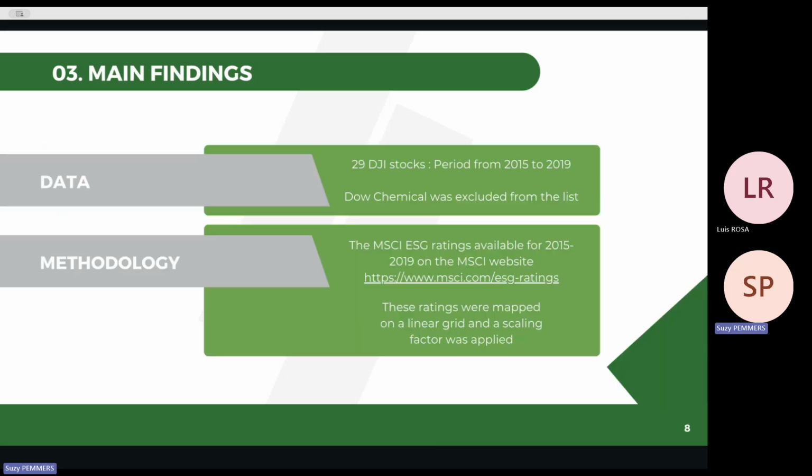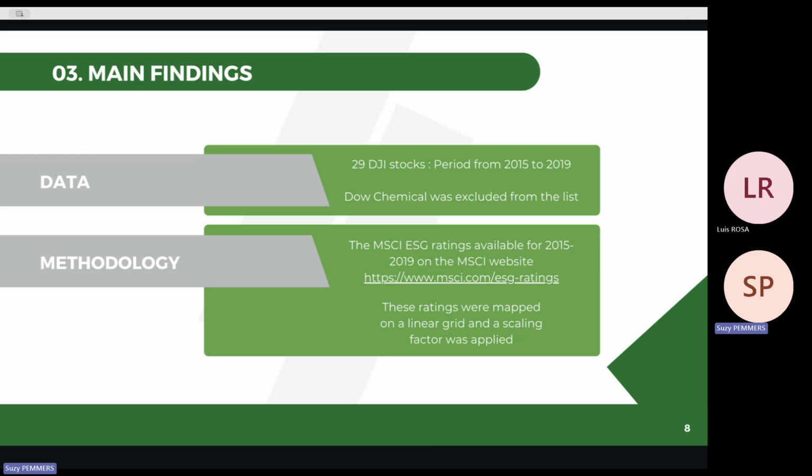After that, for the main findings, about the data, a lot of data has been used for the article. 29 DJIA stocks from the period 2015 to 2019 have been analyzed, except one constituent, Dow Chemical, for which prices prior to its merger with DuPont in 2015 were not available, and which was excluded from the list.